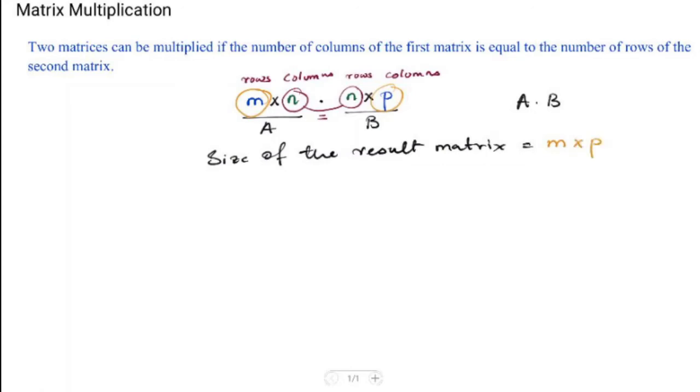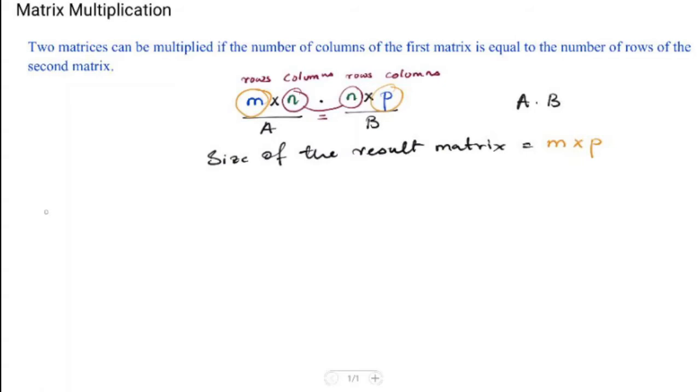Alright, now let's see some examples. So here I'll give you some matrices like A and B, and we'll discuss whether they can be multiplied or not.